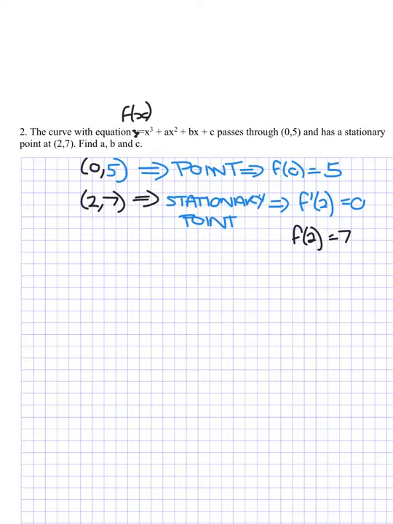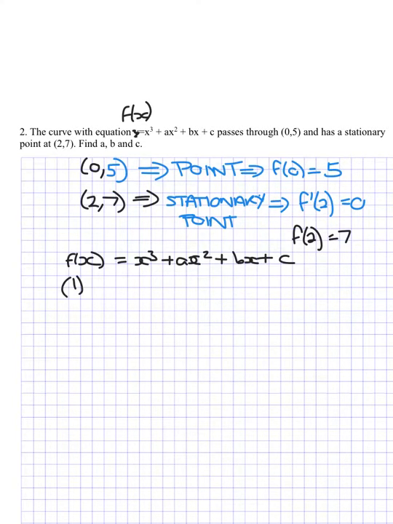We know that f of x equals x cubed plus ax squared plus bx plus c, just from the question. When solving, use the bits of information systematically, and it would be really good if you wrote them out like I've done, because that's going to make it way simpler for you.